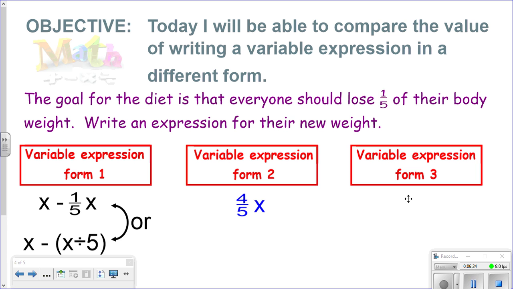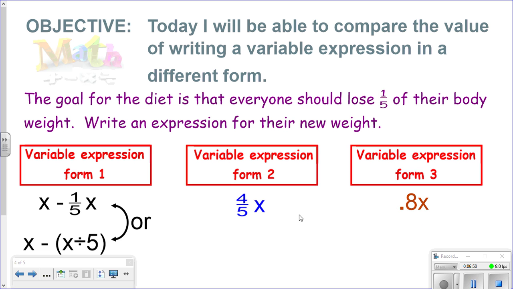In class, we talked about converting percents to fractions and fractions to decimals. So we could simply write 4/5 x as a decimal. 4/5 or 8/10 could be written as a decimal, 0.8x, 8/10 of x.